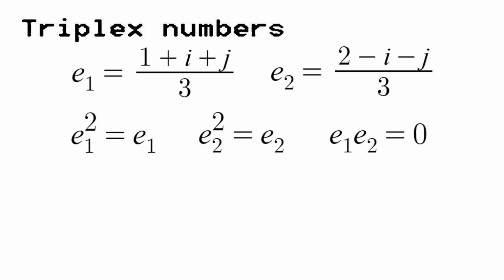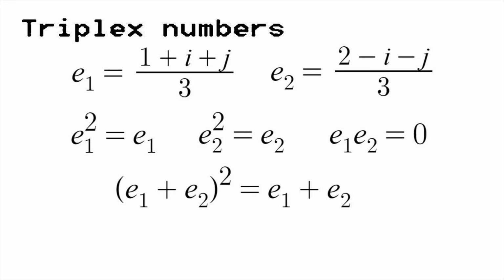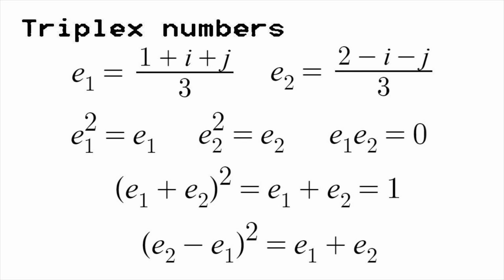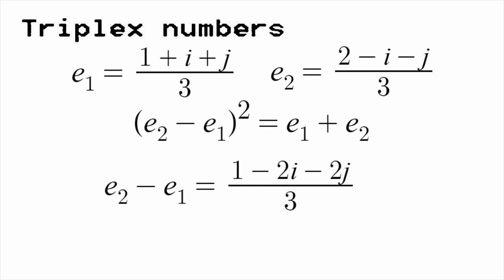An interesting consequence of this is that (E1 + E2) squared equals E1 + E2, which makes sense because E1 + E2 equals (1 + i + j)/3 plus (2 - i - j)/3, which pretty clearly just equals 1. However, (E2 - E1) squared also equals E1 + E2, but E2 - E1 equals (1 - 2i - 2j)/3, which is noticeably not equal to 1.